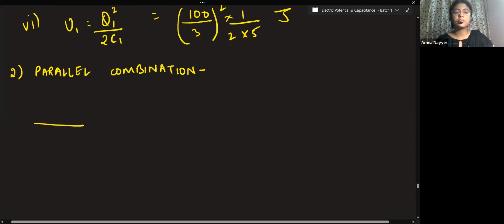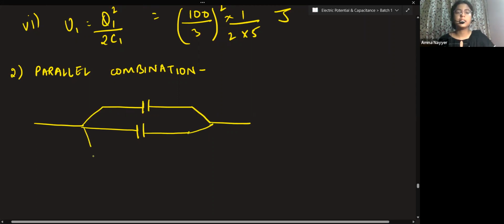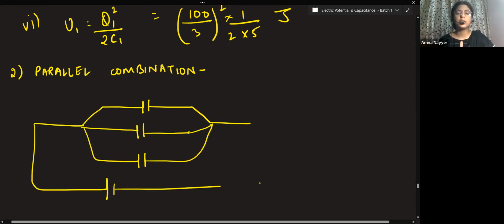If I say this is a wire, here a capacitor has been added, then another capacitor has been added in this wire, then a third capacitor has been added in this manner, and this whole is connected to a battery of potential V. Then charges will flow.